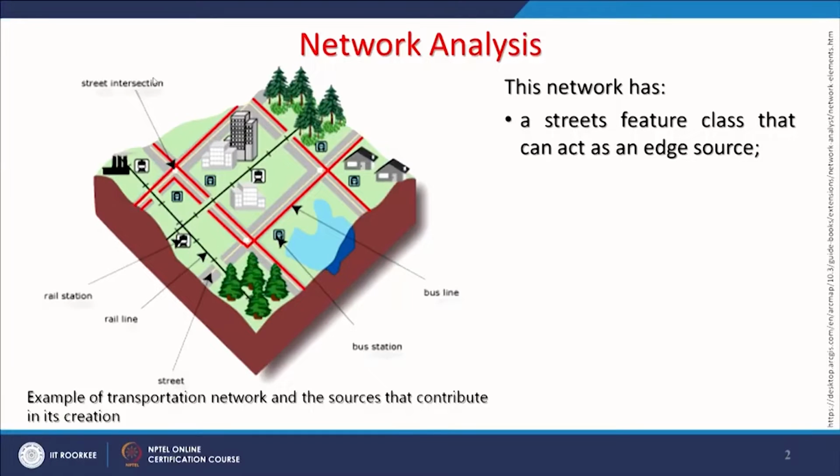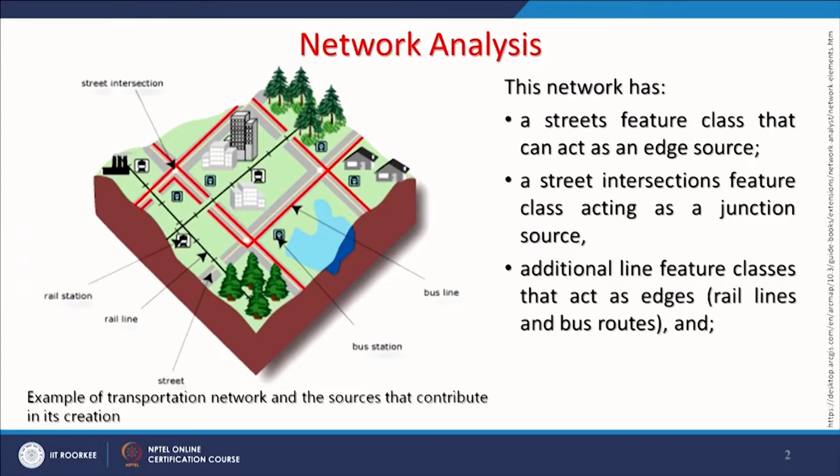As you can see, in normal cities we have different kinds of networks. There may be a street network, a rail station, a metro station, and several such networks, along with your power network and other things.